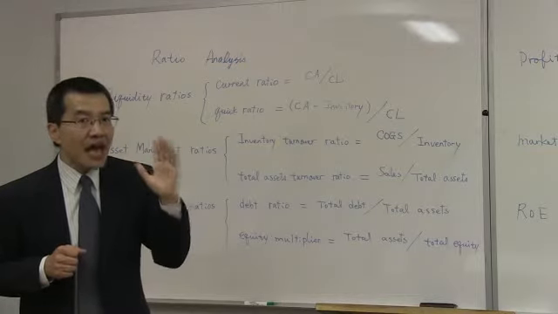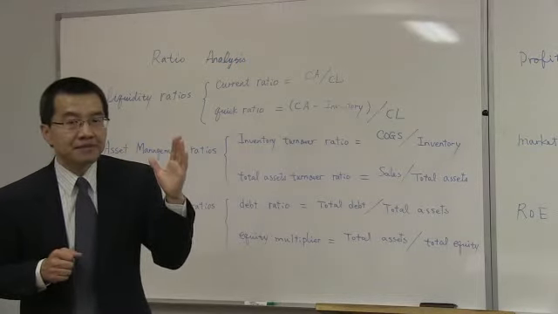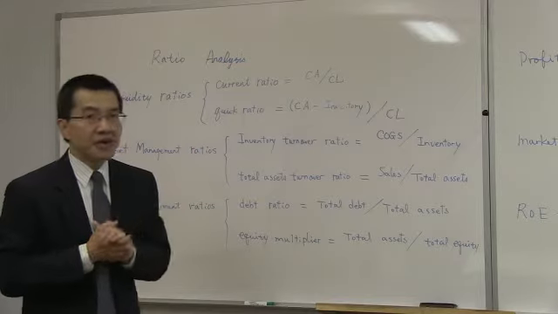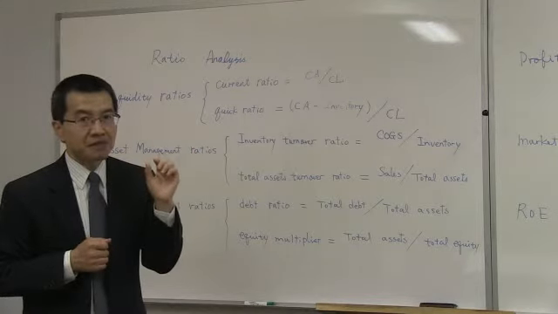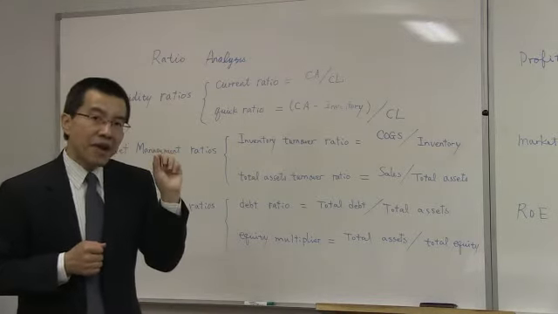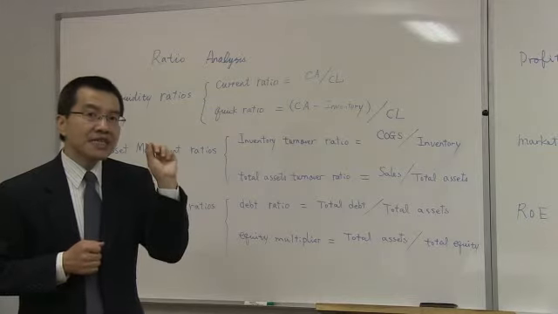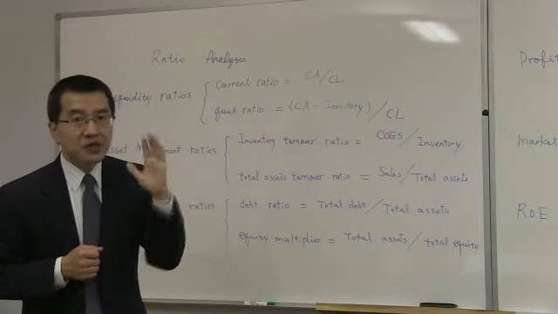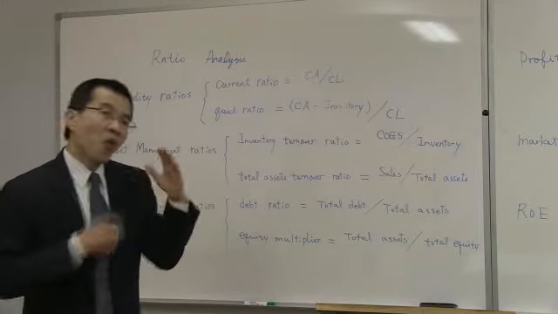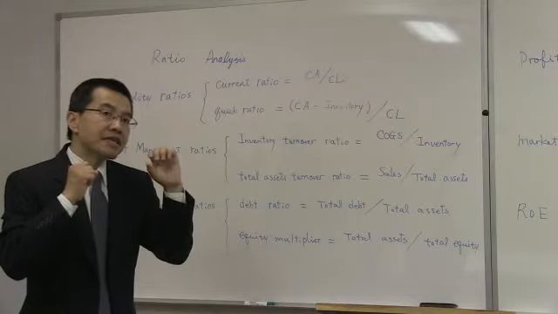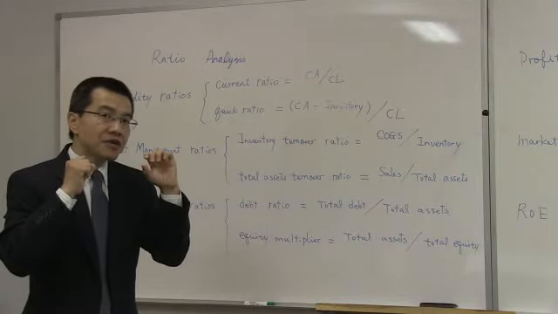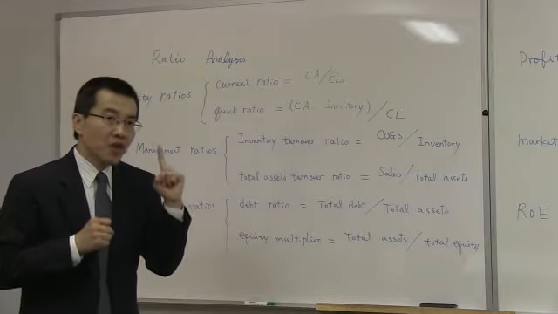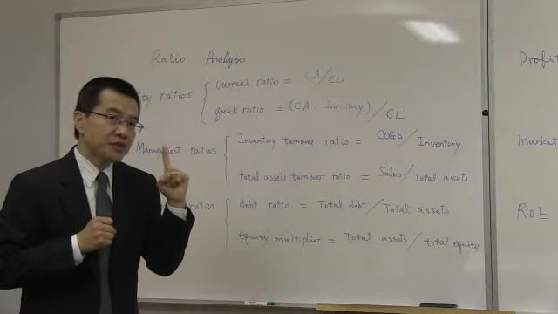The ratios have to be compared. So there are three possible ways we can compare the ratios. One way is to compare these ratios with the industry average to see the company's performance, whether they are above or below the industry average. That is one way you can use the financial ratios.